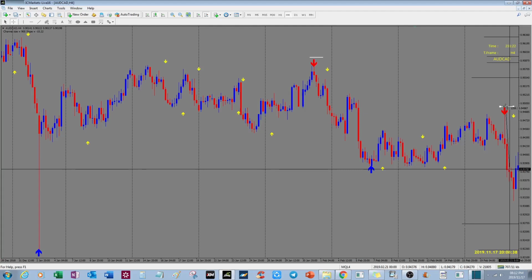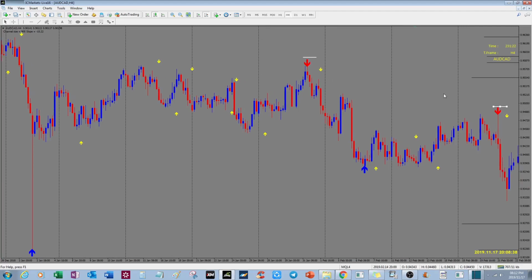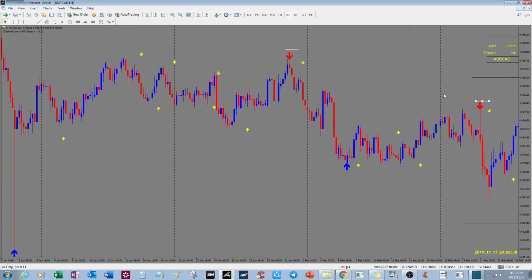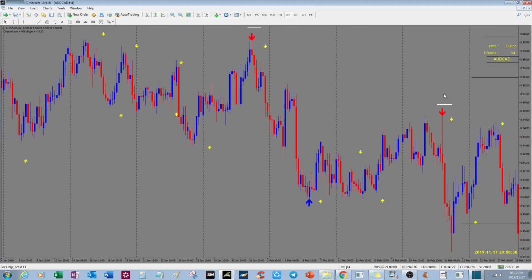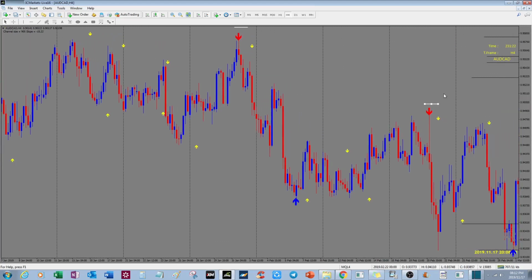But you can decide. If your stop loss is too big for you, you can rather wait for a better entry, or you can take the trade. It's entirely up to you. Let's move this forward. There we go.